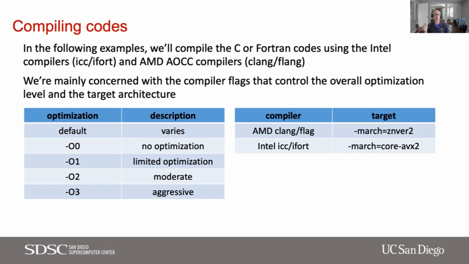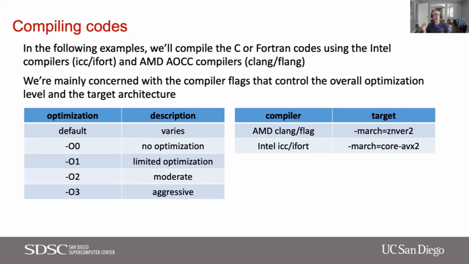The table on the left shows the different optimization levels. If we do not specify an optimization level, the result can vary. And we'll see an example of that once we get to the matrix addition case.